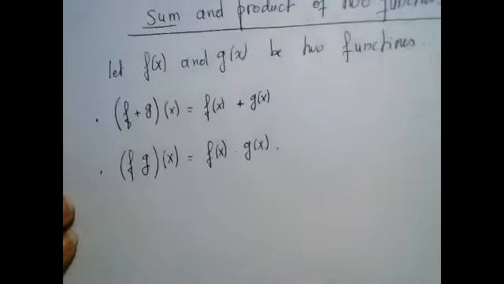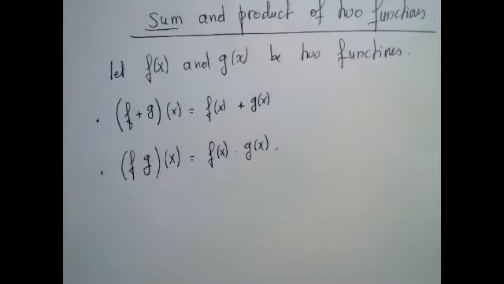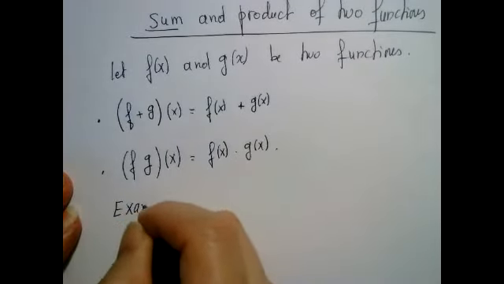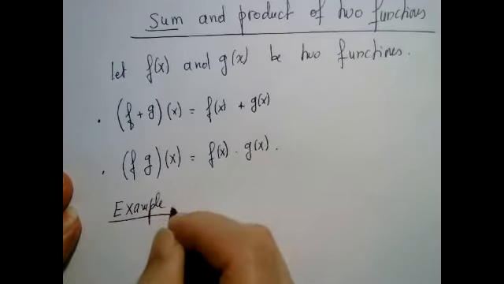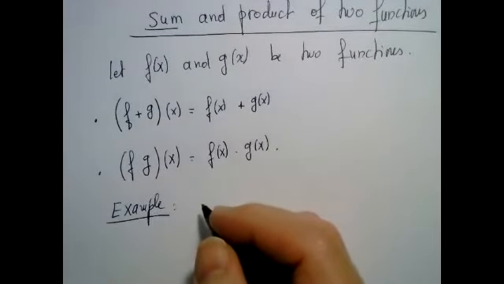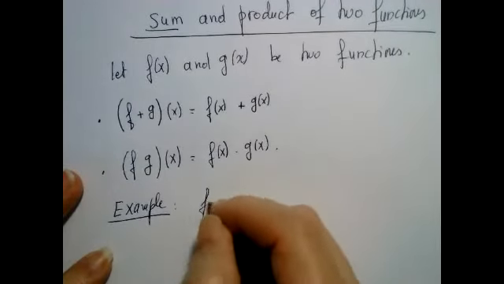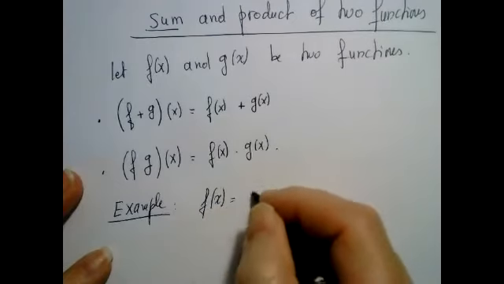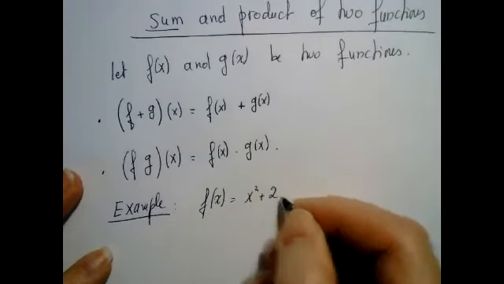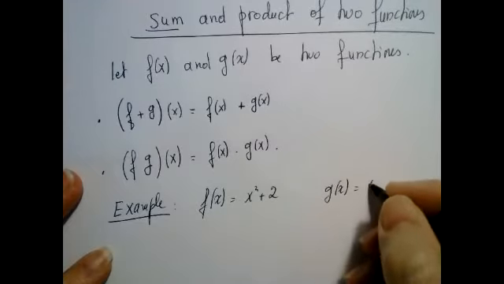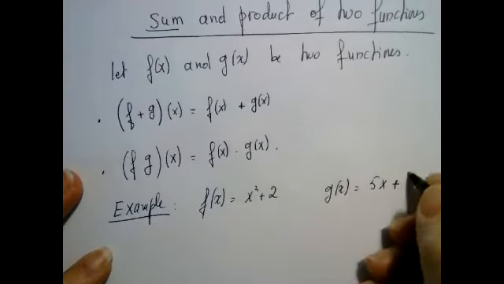So let me take a very simple example to make sure we understand this notation. So example. Suppose I take f of x to be x squared plus 2. And I take g of x to be, let us say, 5x plus 6.